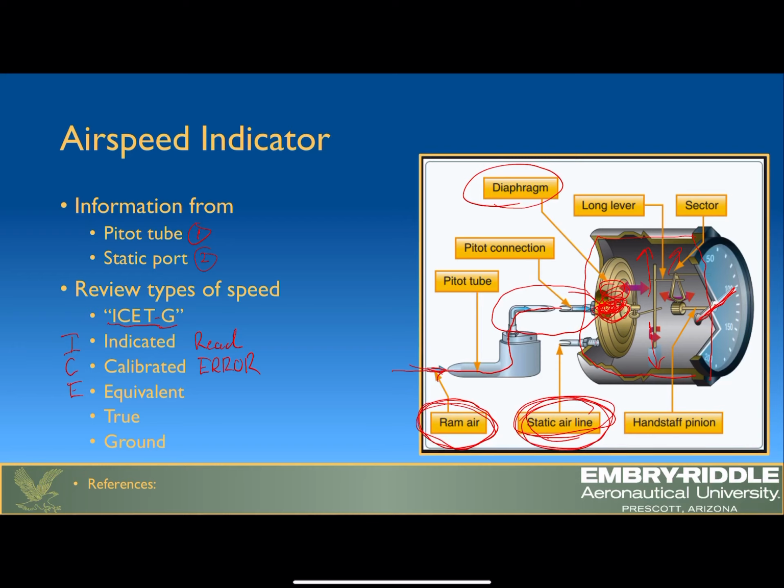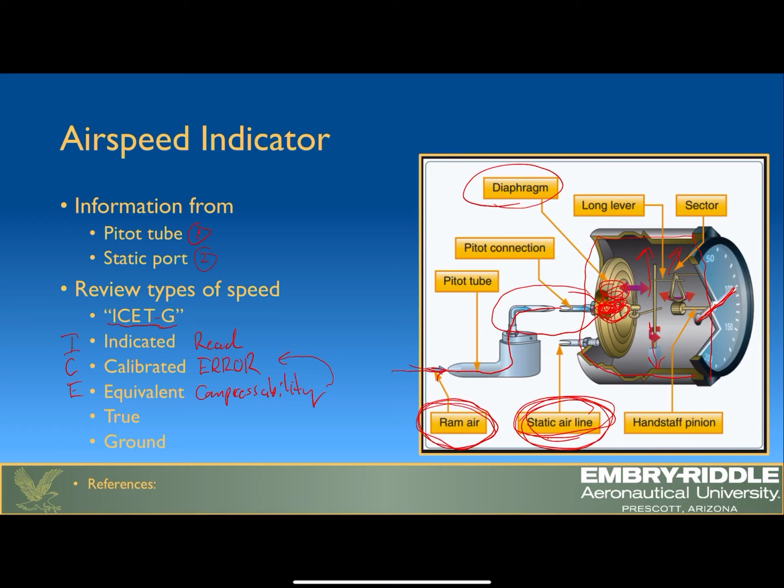We get what's called compressibility. Air is compressible. So that creates an error. So remember, I'm going to try to spell compressibility. So remember, equivalent airspeed is calibrated airspeed corrected for compressibility.